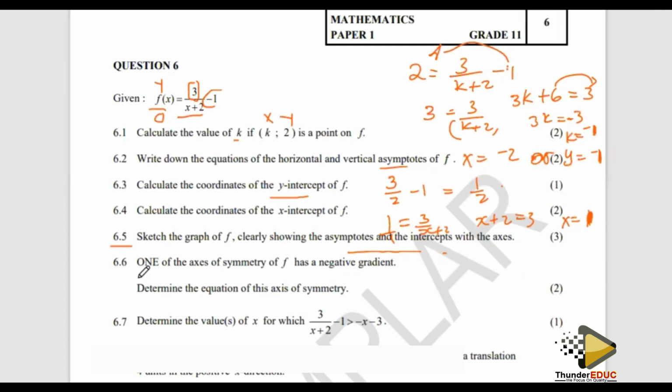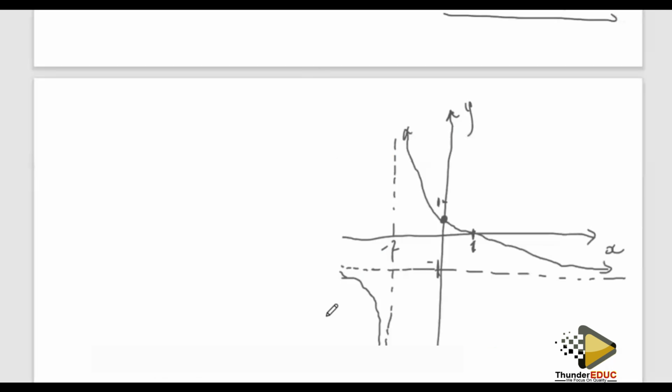Then one of the axes of symmetry, oops, I forgot to tell you about it, but we can discuss it. Axis of symmetry has a negative gradient determined by this equation. With axis of symmetry, especially with a hyperbola, we can have one that is moving in this direction, passing through the intersection of the asymptotes, and then we have one that is moving in this sort of direction.